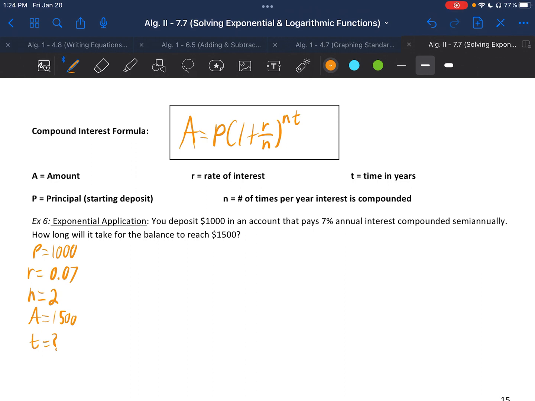So now we take all of those things, we plug them into this equation, and we're going to solve for what we don't know. So we know A, we know P, 1 is just given, we know r, we know n, we know n again, but we don't know t. So we're solving for t here.